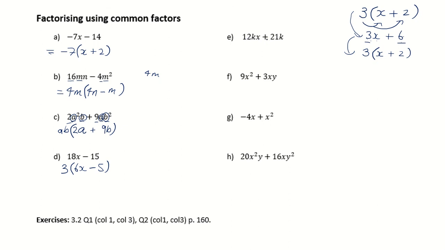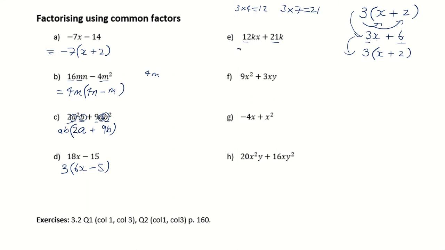12kx plus 21k. So they have 12 and 21. What do they have in common? What's their highest common factor? 3s, because 3 times 4 is 12, and 3 times 7 is 21. So you do need to have a decent grasp of your times tables.